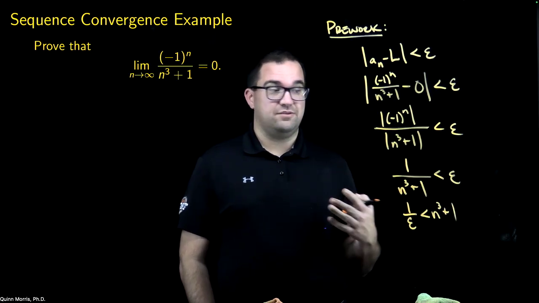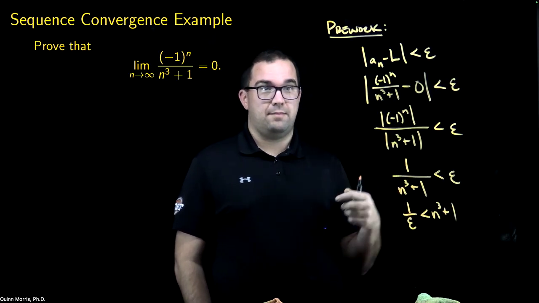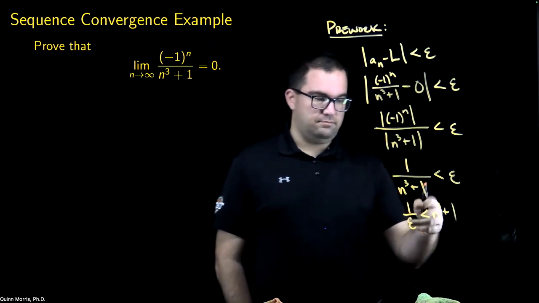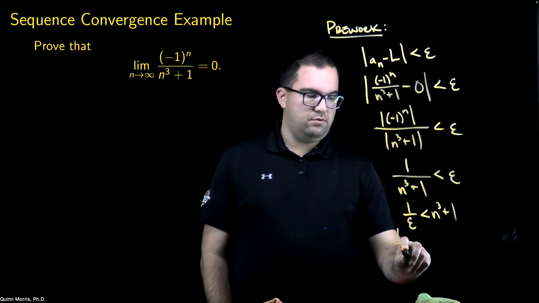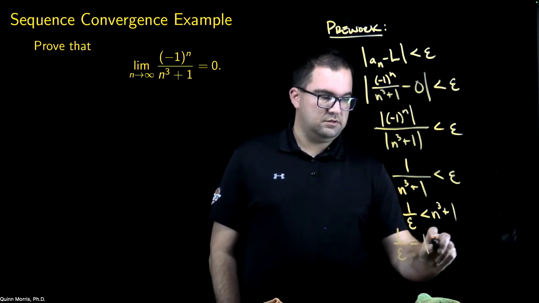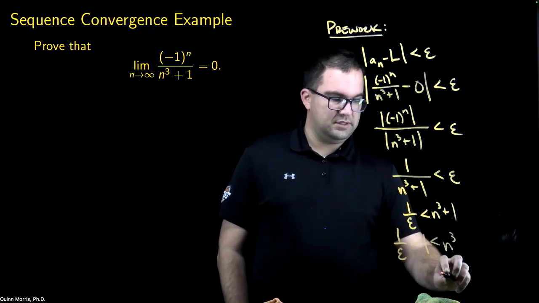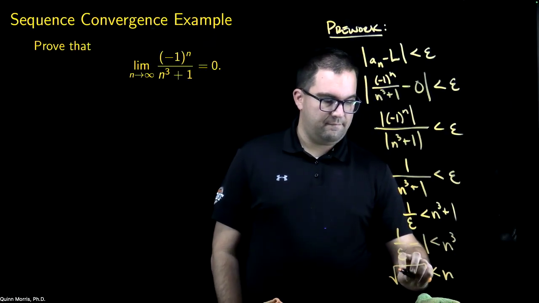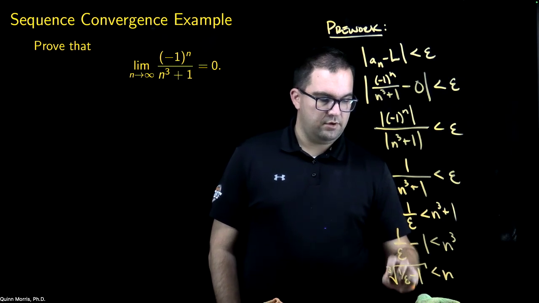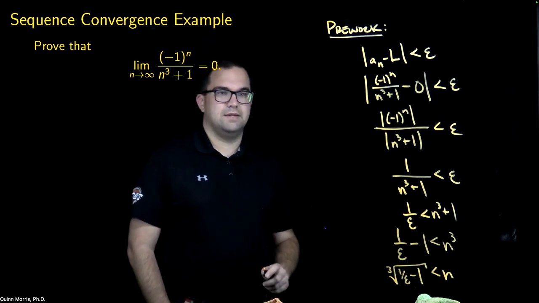In fact, they're both positive, so I don't have to worry about my absolute value or my inequality switching. Then I get that 1 over epsilon is less than n cubed, and so n is greater than the cube root of 1 over epsilon minus 1.